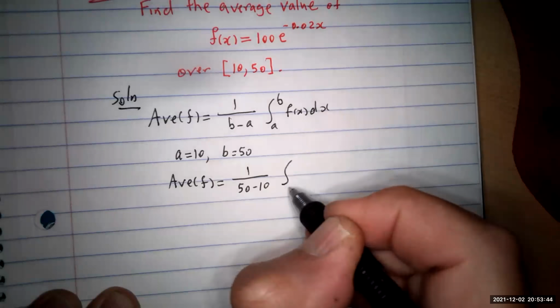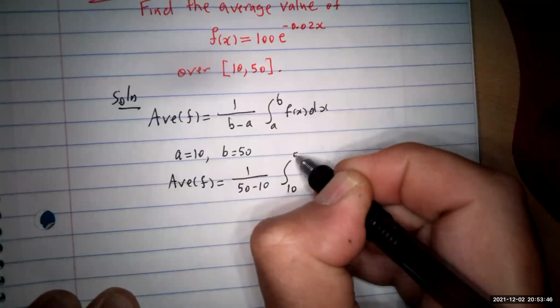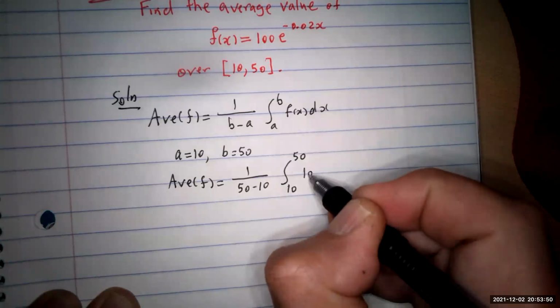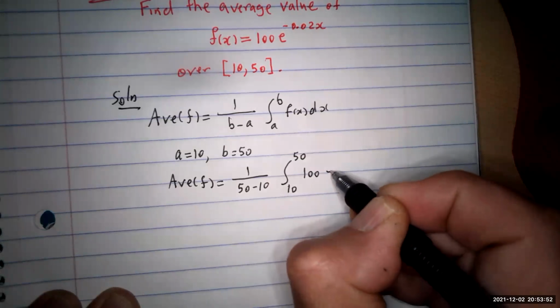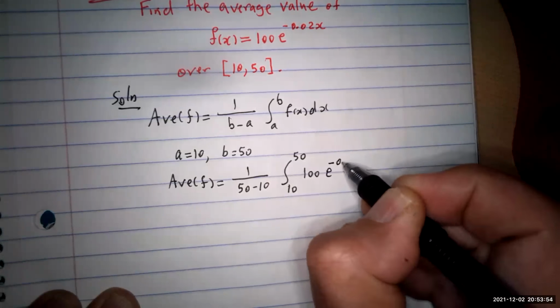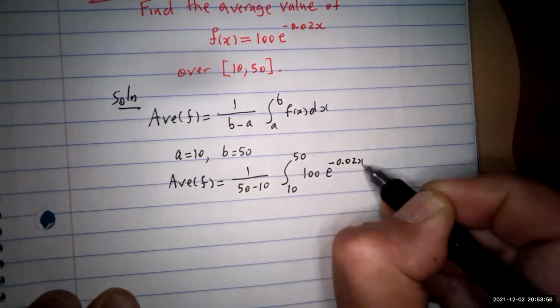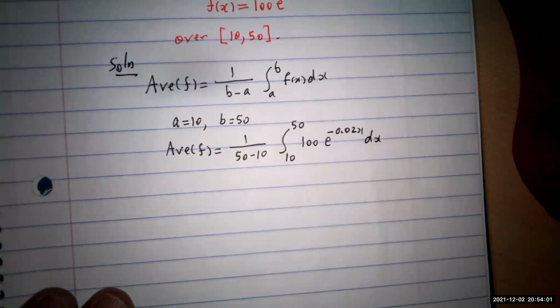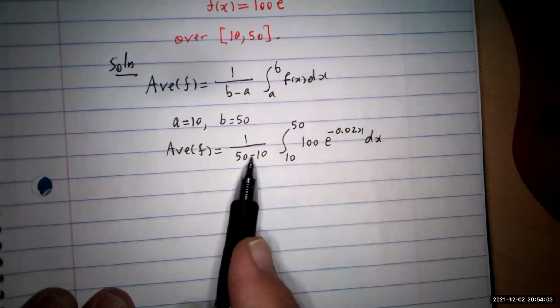Integral from 10 to 50, f of x is 100 e to the negative 0.02x dx. 50 minus 10 would be 40.